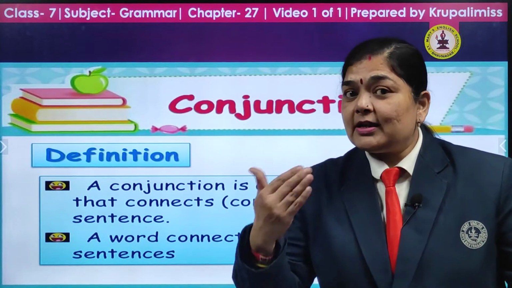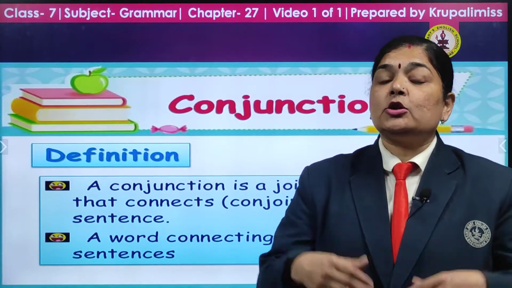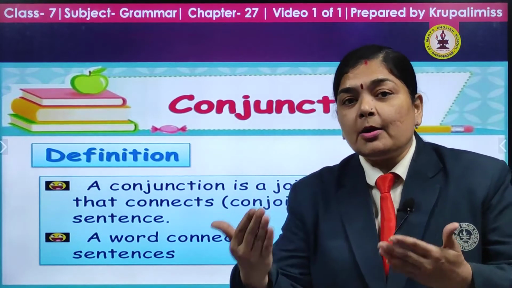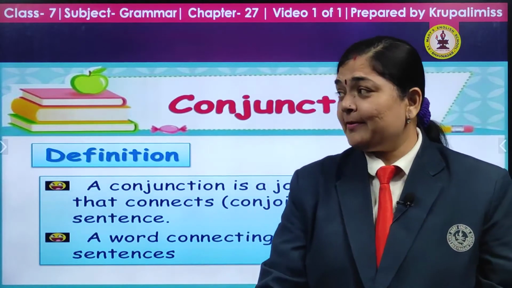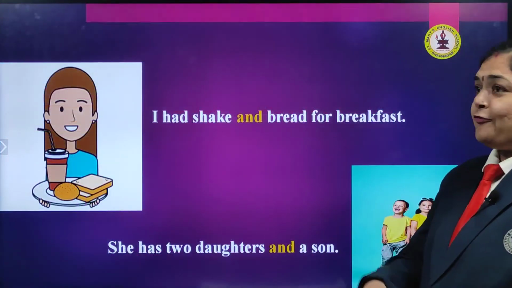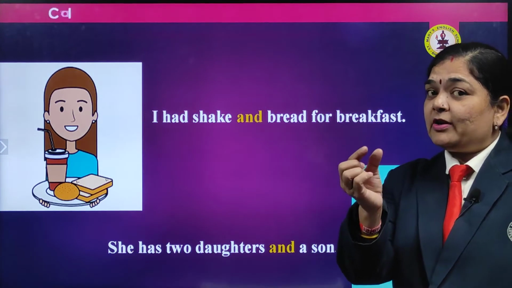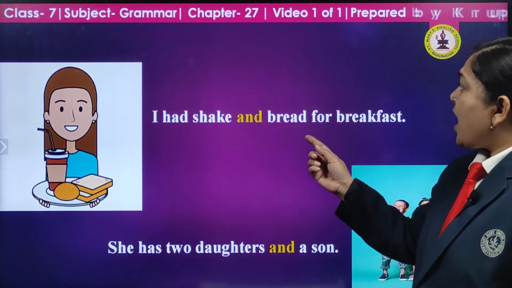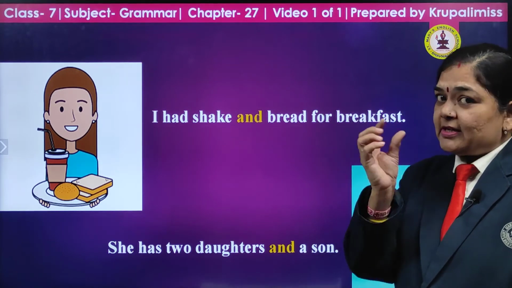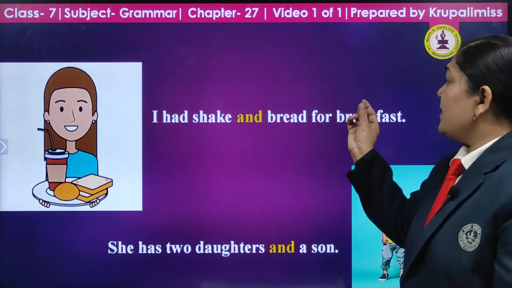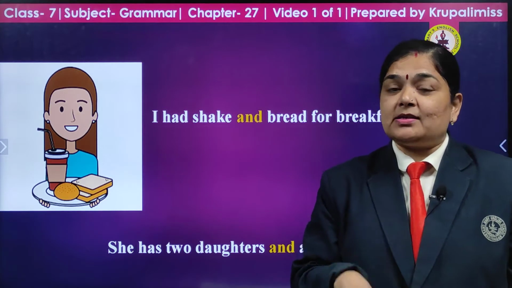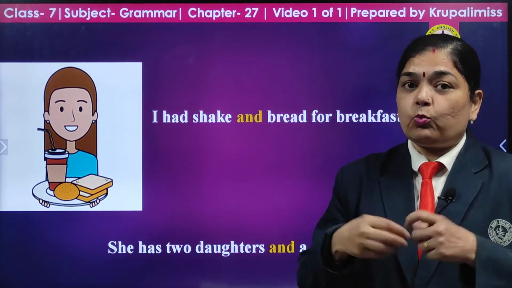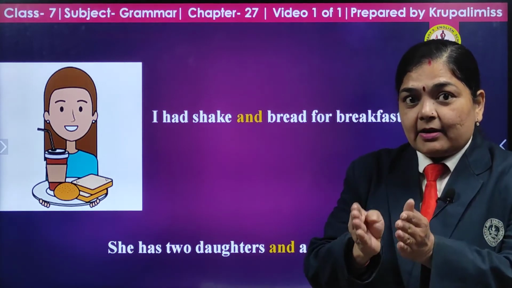Now children, let us go through certain examples to learn in more detail. Okay children? The first word we are using is and. How is and used? I had a shake, that is one part, and bread for breakfast. When two things are being added, we use and.